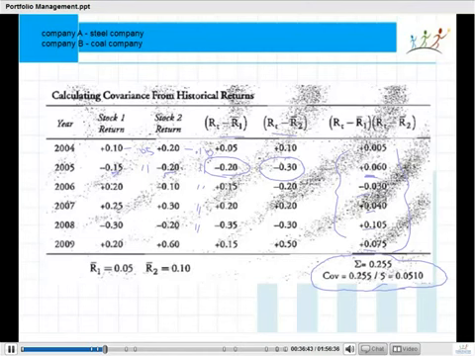So I can say that the variables seem to be moving in the same direction, or they seem to have a positive relationship. But guys, is the covariance number of 0.051 very high or is it very low? Can I make that statement? Covariance theoretically can vary from minus infinity to plus infinity.